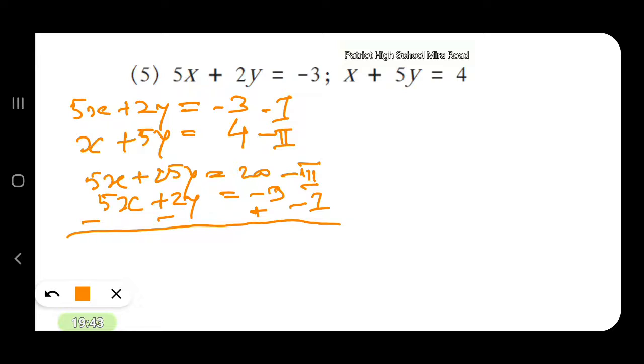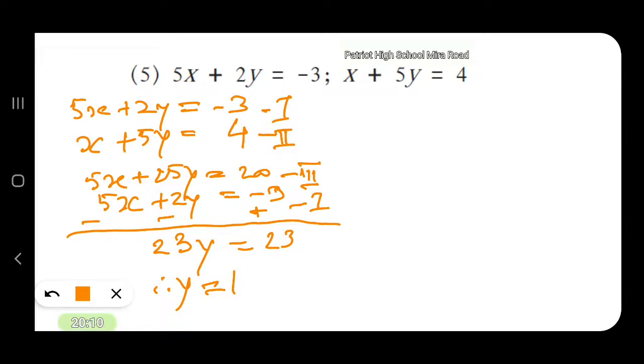So 5x and 5x get eliminated. So there is 0 term in x. We need not write 0. We will go for the y term. 25y minus 2y will be 23y. 23y is equal to 20 plus 3, which is 23. Therefore, y is equal to 1.